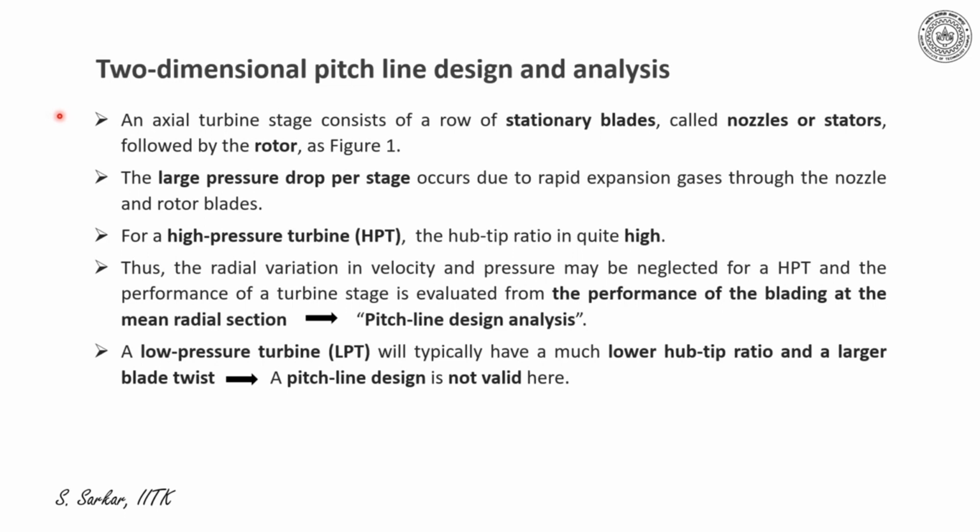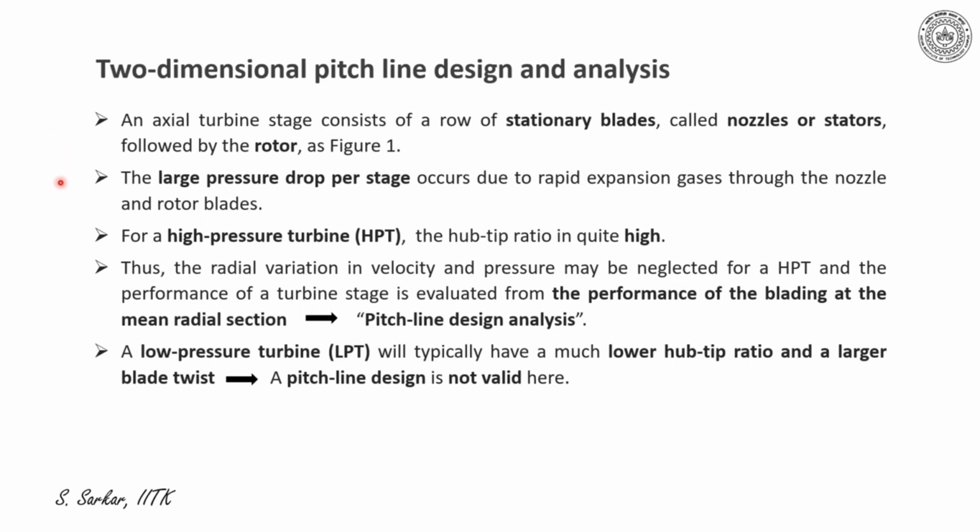An axial turbine stage consists of a row of stationary blades called the nozzle or stator, followed by a row of rotating blades called the rotor. A figure has been presented in the next slides.